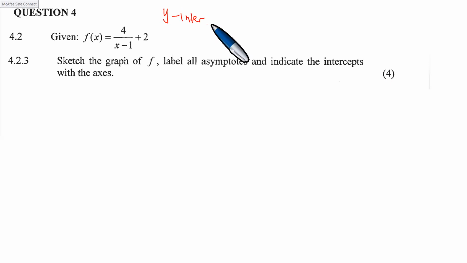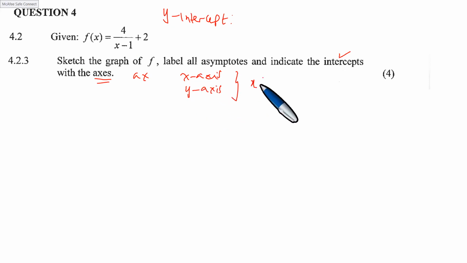The examiner did not ask us to calculate that, but we need to: indicate intercepts with the axes. This is plural, because if you speak of only the x-axis and then the y-axis, here you speak of x and y axes.